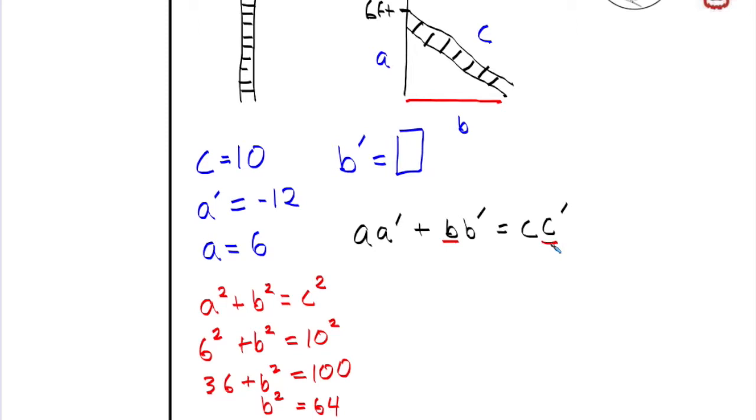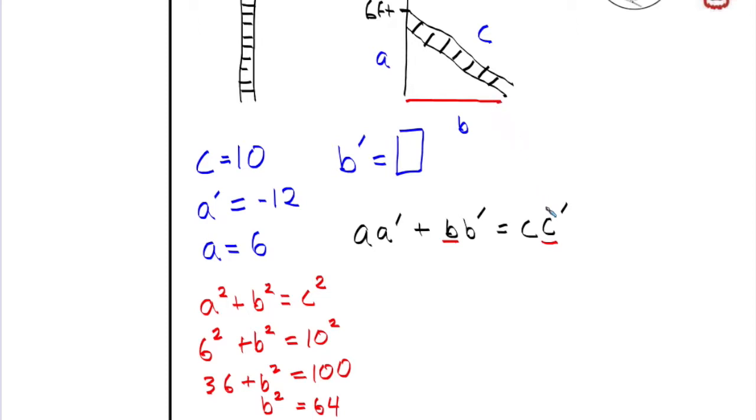C prime means how fast is this length here changing? Well, does the ladder change size? No, it stays constant. So C prime is equal to what? It's how fast it's changing. If it doesn't change, it's 0.